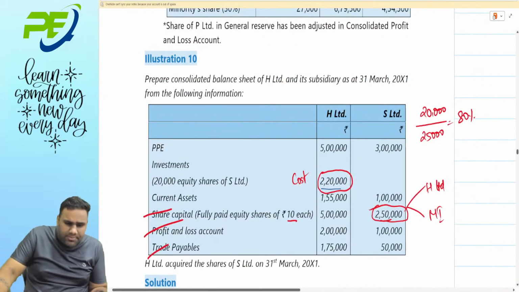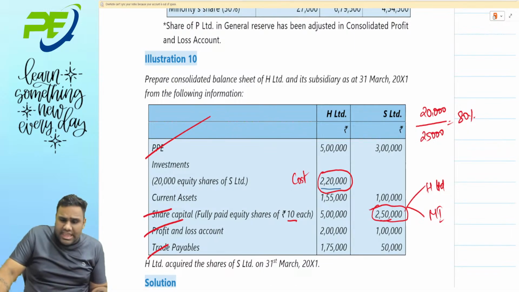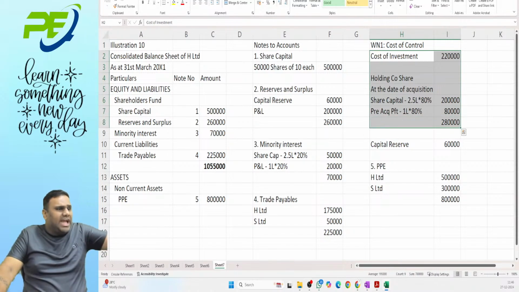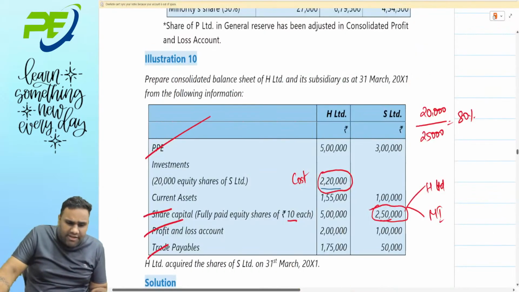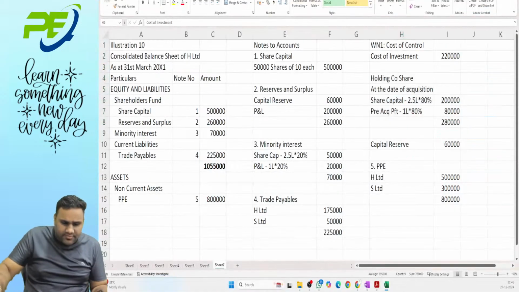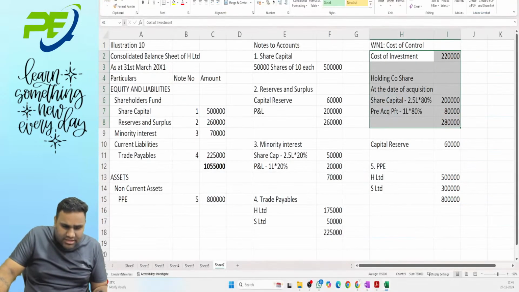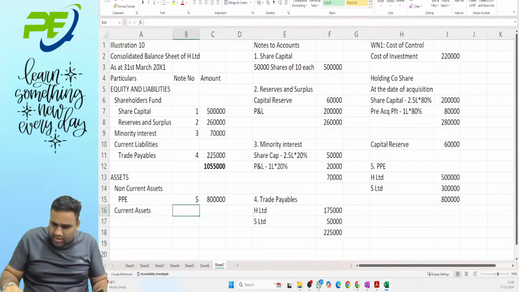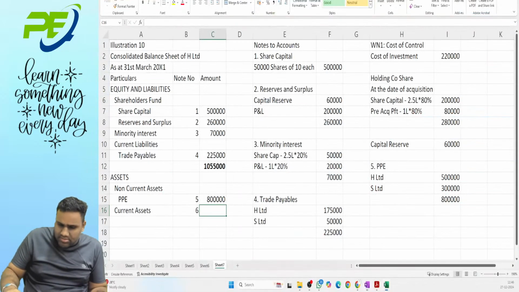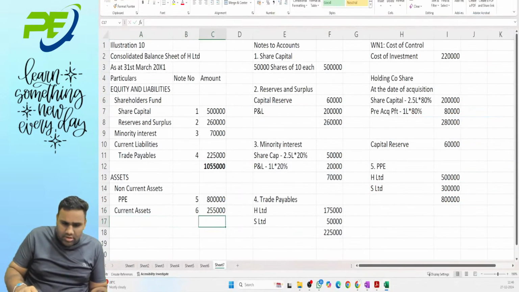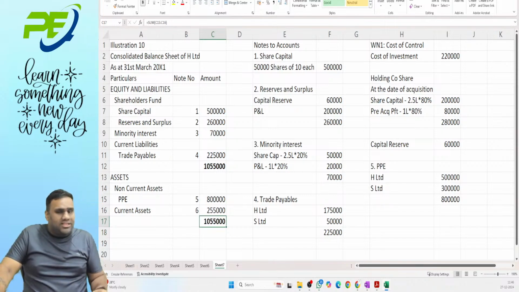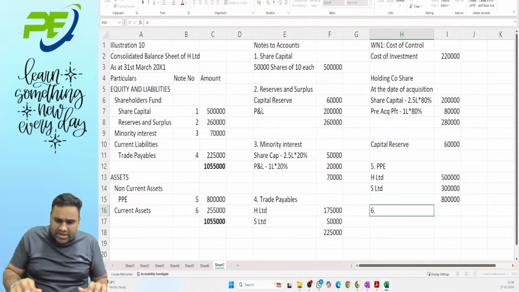After PPE, investments will come. See, investments we have adjusted here itself. In cost of control, the holding share of share capital, investments have been considered. Finally, current assets, note number 6. Add both. Okay, consolidation is over. That's all about consolidation.